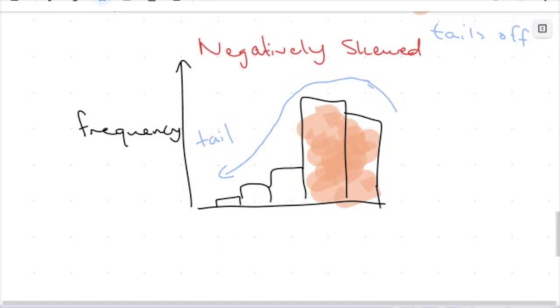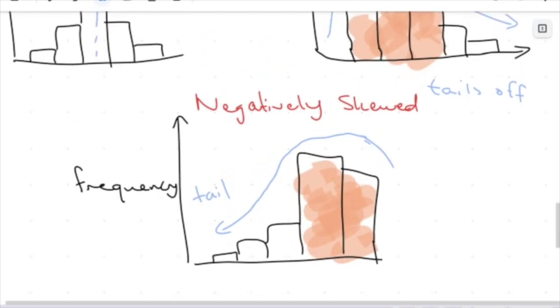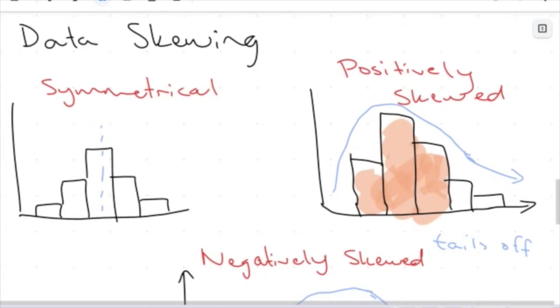So this is how we can remember what is positively skewed and what is negatively skewed. But we'll explore these a lot later in this series, as well as some of these types of data representation. But this particular idea of symmetry and shape of data can give us really big insights into our sample space, our data set, the people we have surveyed here.